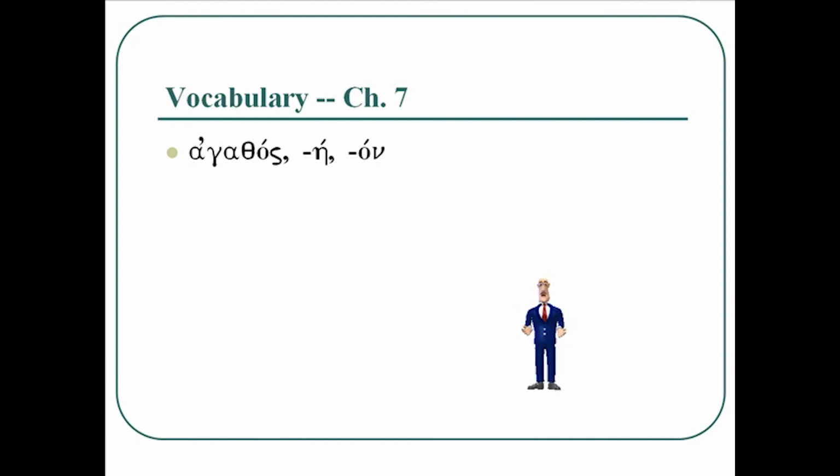And now for the vocabulary of Chapter 7. Agathos, e, on. The agathos is the masculine form, the e ending indicates the feminine ending, and the on ending indicates the neuter ending for this adjective. The os, e, on then tells us that this is an adjectival form, and so you'll notice it's not a noun which has a genitive and article following, but rather the masculine, feminine, and neuter forms are given, which indicates that this is an adjective and not a noun.